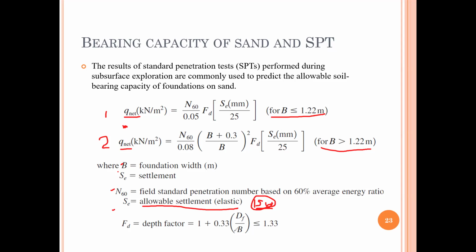And then FD is the depth factor, based on the depth of the foundation compared to the width of the foundation. We use this equation as a quick estimate when we're doing the standard penetration test.